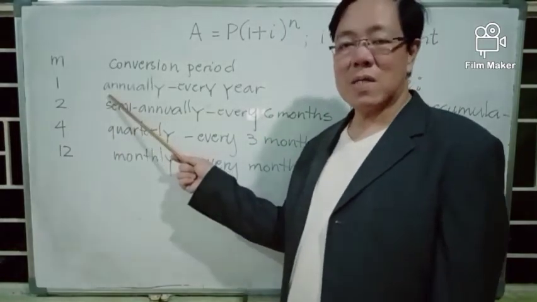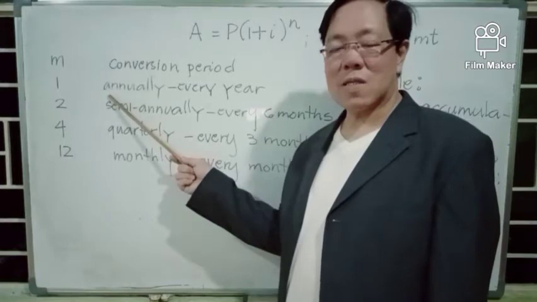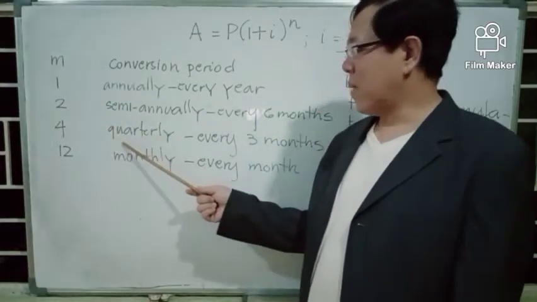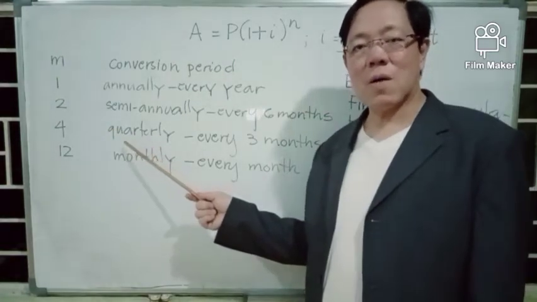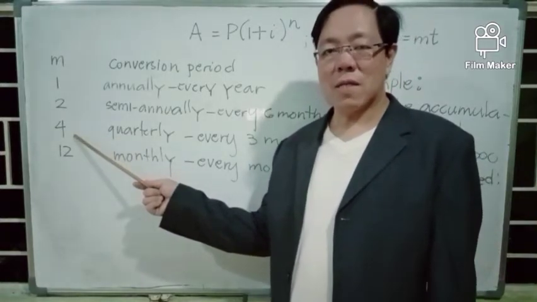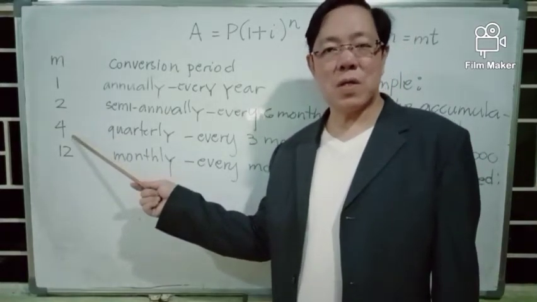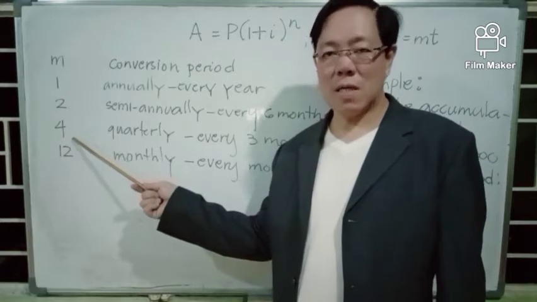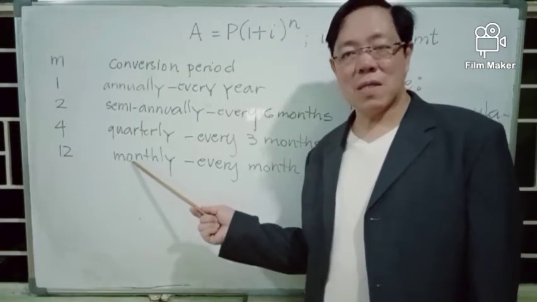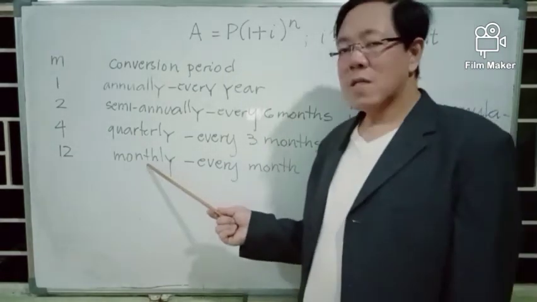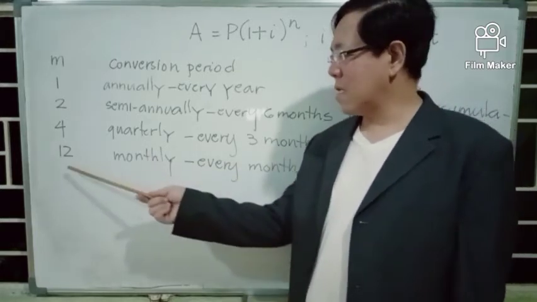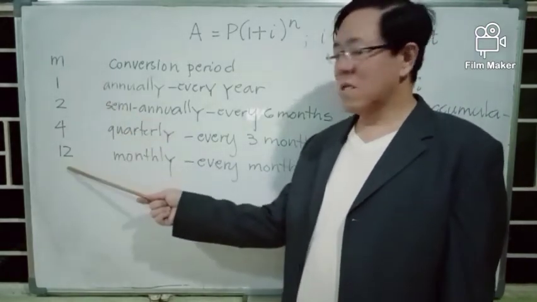If it is compounded quarterly, M is equal to 4. That is, the amount of interest will be computed 4 times in 1 year. And if the problem specifies that the compound interest rate is compounded monthly, that means the amount of interest will be computed 12 times a year. And you take M equals 12.